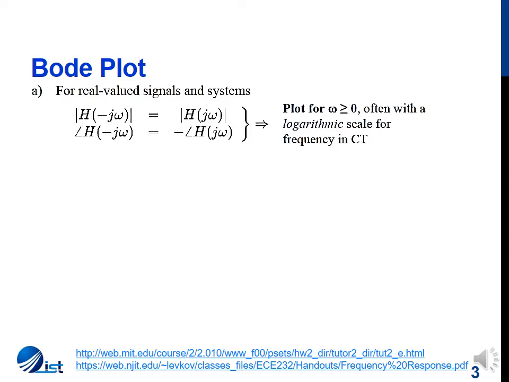Generally for discrete time, we need to plot between 0 to pi because, as we discussed, discrete time spectra are periodic with a period of 0 to 2 pi, but the plot from pi to 2 pi is a mirror image of the plot from 0 to pi because magnitude is even symmetric.